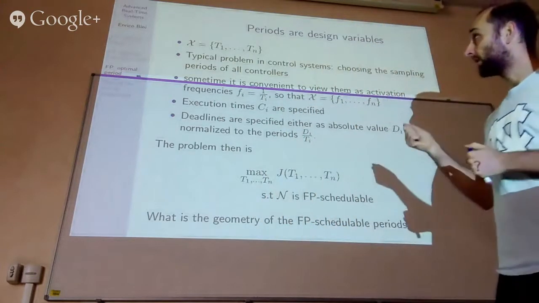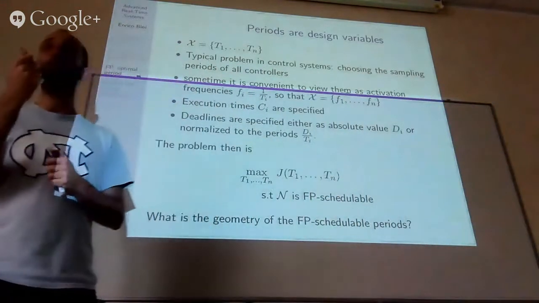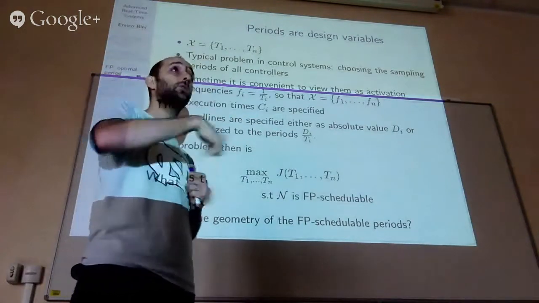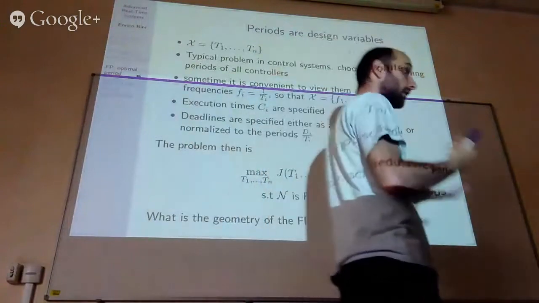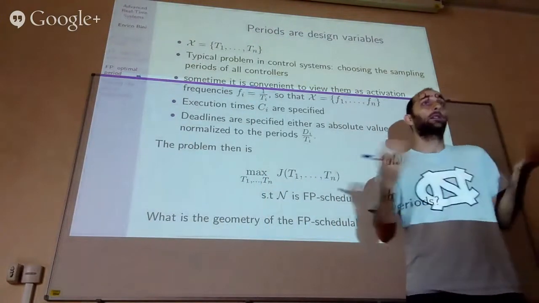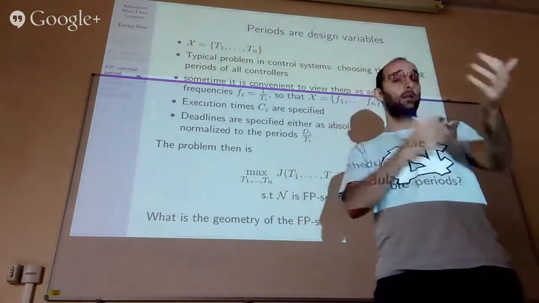But the variable in that case is to choose the sampling period: how often do I sample, how often do I run the controller. Of course, each controller in isolation would like to run as fast as possible. That's obvious. But then when you have many controllers, you have to combine the needs of all of them.